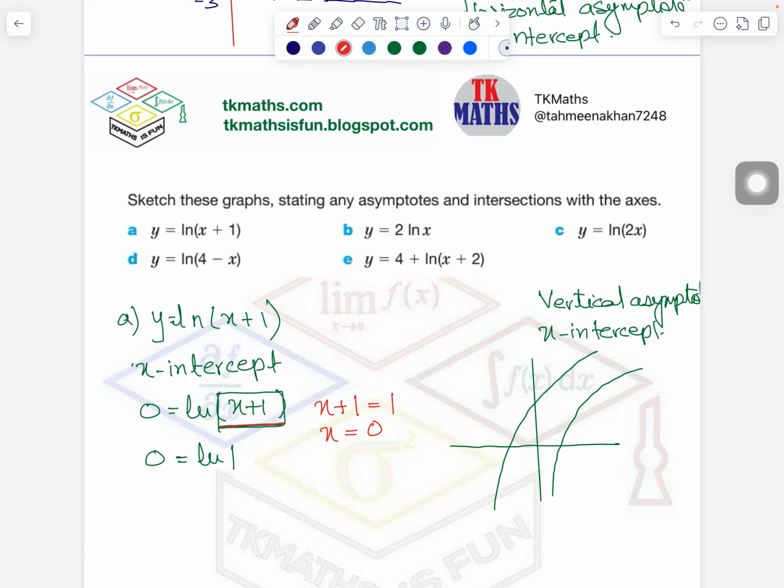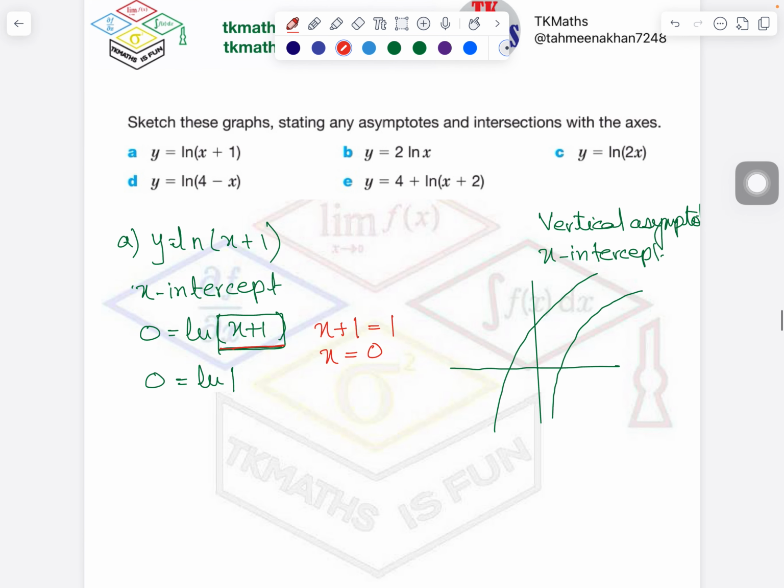So x equals 0 means the curve will pass through 0 on the x-axis. Number one thing. This is the x-axis, y-axis, the curve will pass through here. Now I need the vertical asymptote, right? So for the vertical asymptote, what will you do?